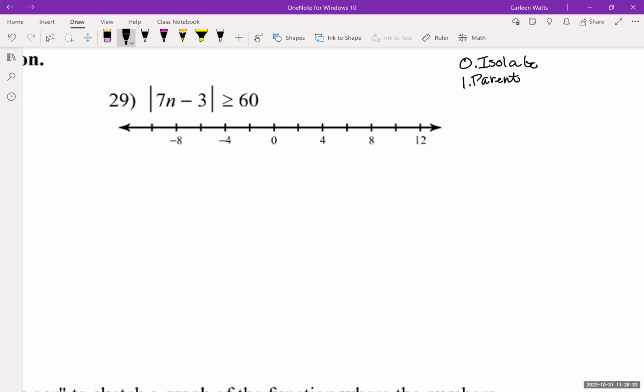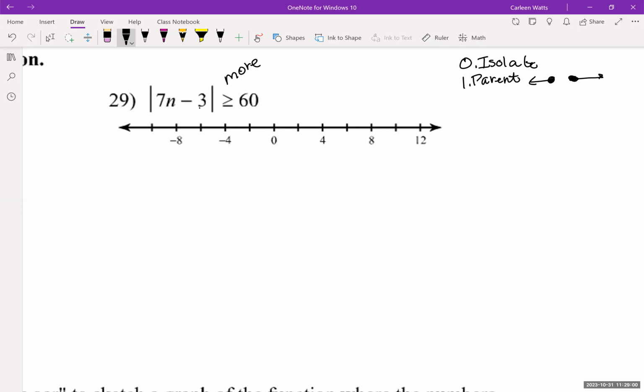Step 1, parent graph. Okay, so we see that it is more. And it's filled in, right? More is ors. It's actually called union.